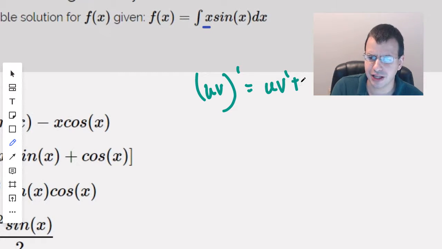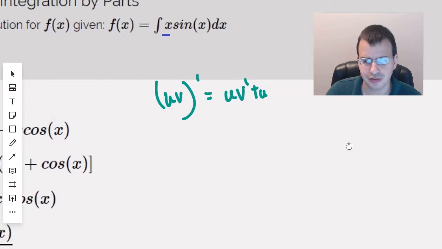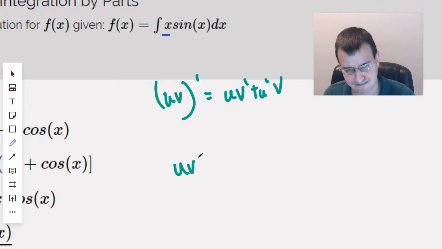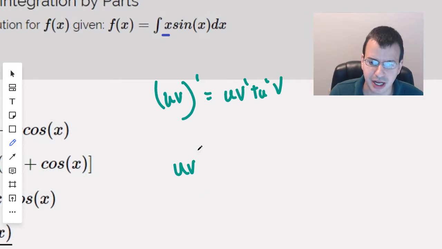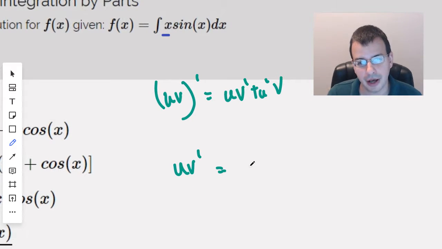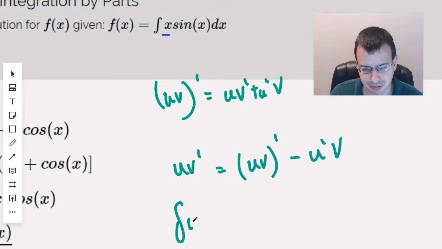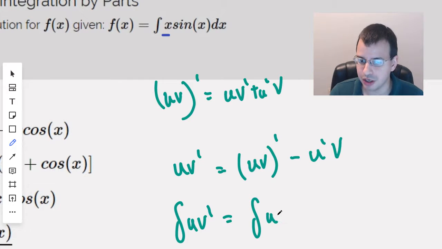I know it might feel like a poor use of our time to derive integration by parts from the product rule every time, and it might be. Some people out there are smarter than I am, but I am not smart. Therefore, I derive it every time, and it keeps me from making one simple mistake.